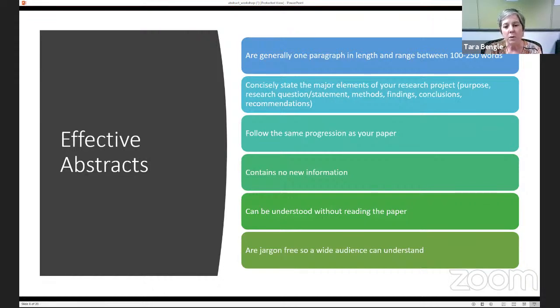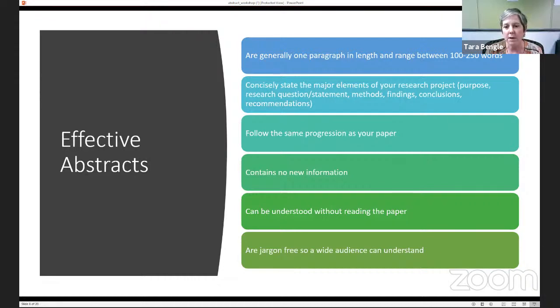Effective abstracts are going to concisely state all those major elements of your project. We'll get into this a little bit deeper, but they're going to include your purpose or research statement, also very quickly summarize what methods you used and your findings, as well as the conclusions and recommendations from your paper. And in doing that, they're going to follow the same progression as your paper.